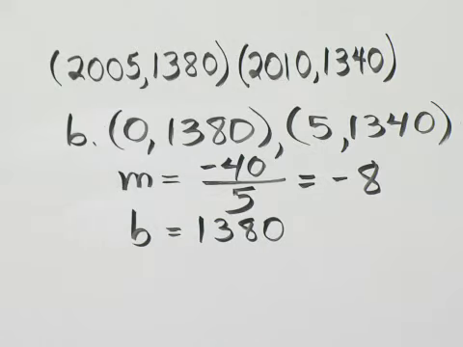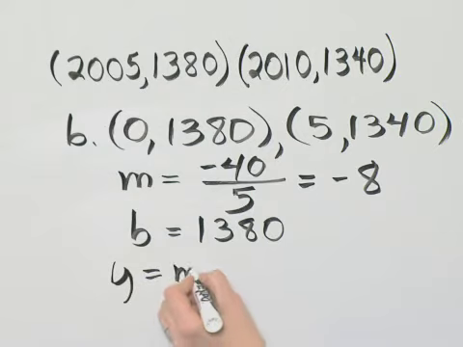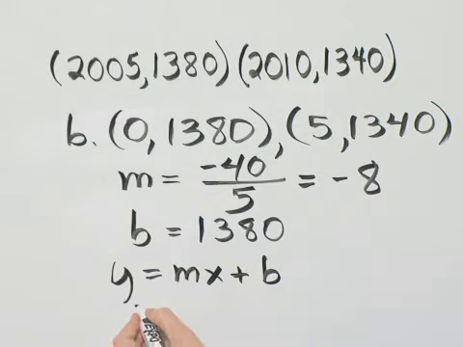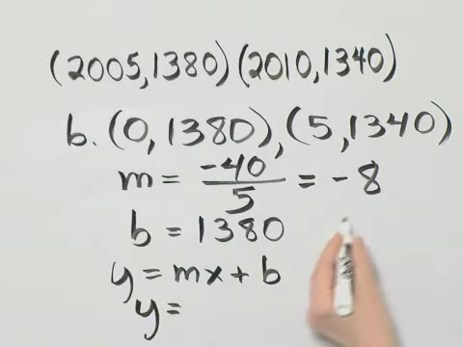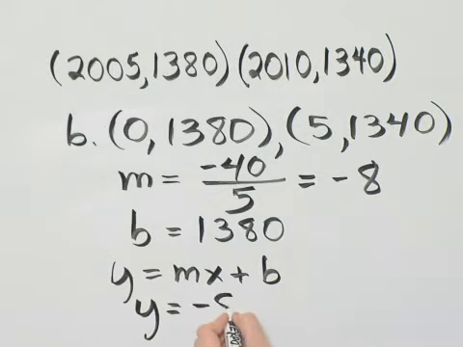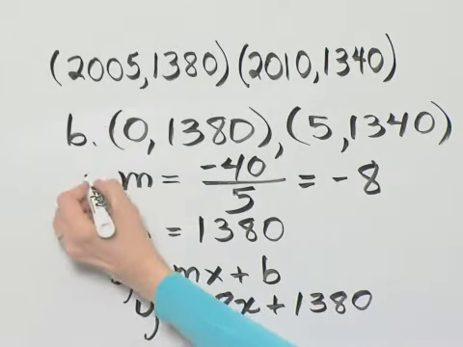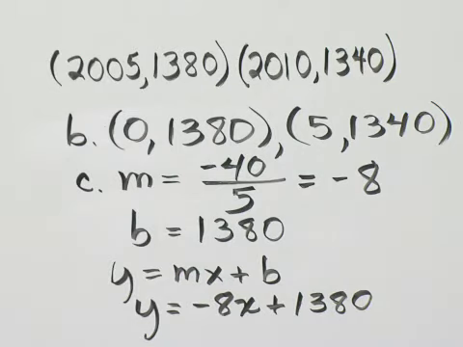Since we want it in slope-intercept form, remember that's y equals mx plus b. So what's my equation? y equals negative 8x plus 1,380. So there is my equation using those ordered pairs that I wrote from part B. And this is part C.